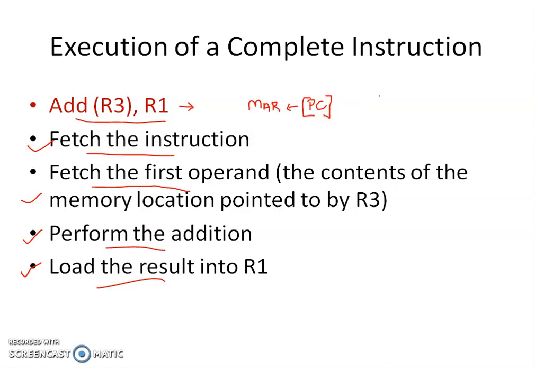For that, which signals need to be initiated? PC out and MAR in. These control signals will be enabled. Then you need to fetch the data from the memory. So for that, the read control signal will also be initiated.